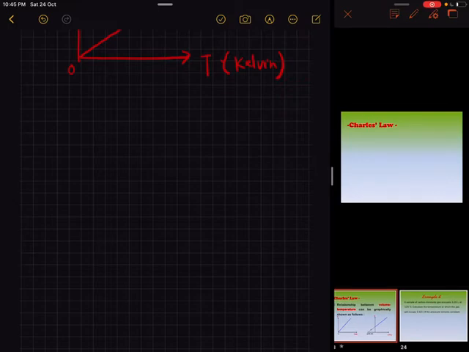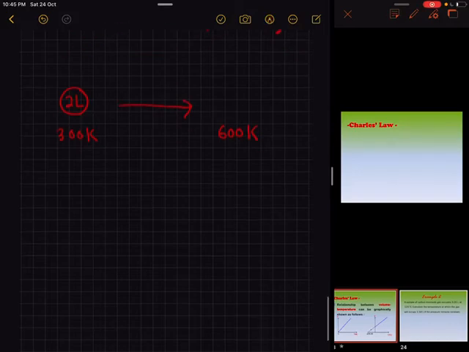So let's say you have 2 liters of gas at 300 Kelvin. What happens to the volume of the gas if we double the temperature to 600 Kelvin? If you don't know how to estimate, you can simply use the formula V1 over T1 equals to V2 over T2.